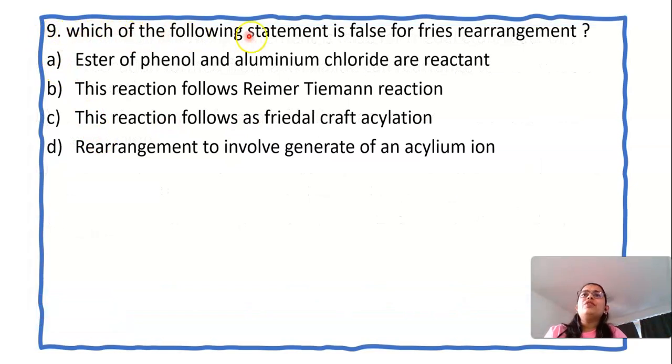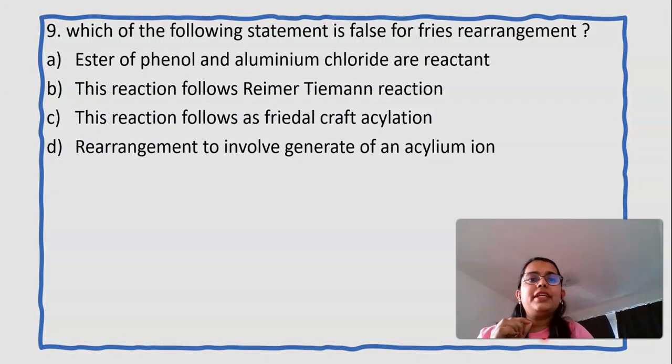Then question number 9, which of the following statements is false for Fries rearrangement? Again a name reaction. Here I am going to give you a little bit of tips and tricks. Name reactions are a very important part of organic chemistry, and you have to do all the important name reactions like Fries rearrangement, Friedel-Crafts alkylation, aldol reaction, then Cannizzaro reaction.